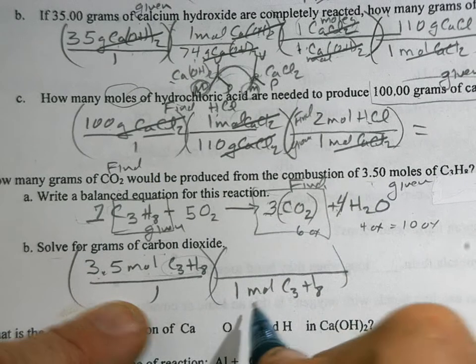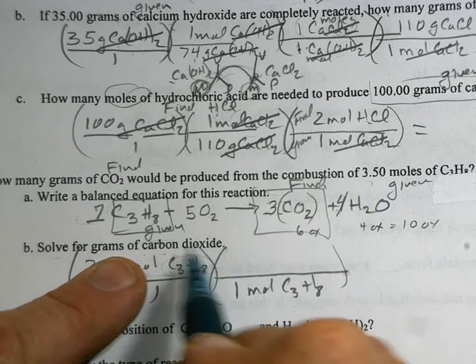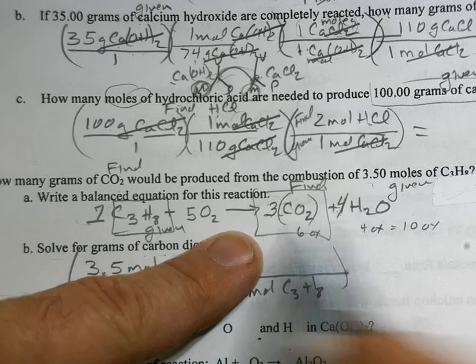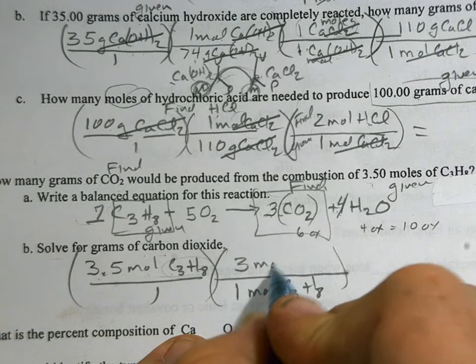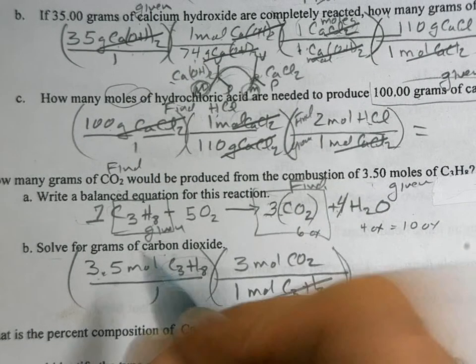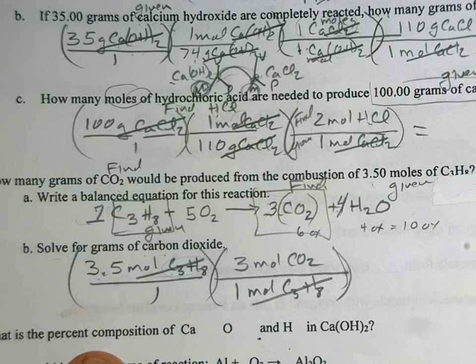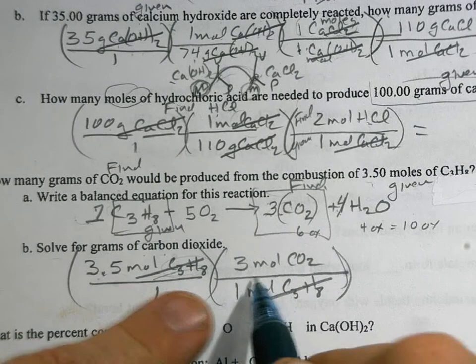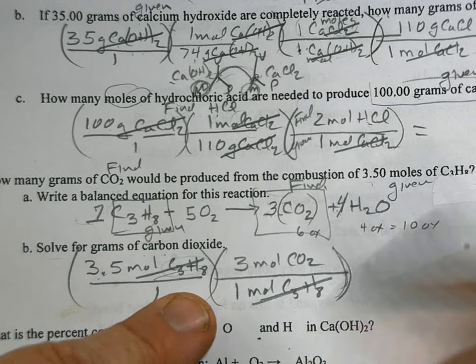And we're trying to find CO2, and there's 3 moles of CO2 in the balanced equation, so 3 moles of CO2. And moles of propane, that's propane by the way, gets combusted, and those get crossed out. So now we're at 3.5 times 3, so it's going to be around 10-ish.